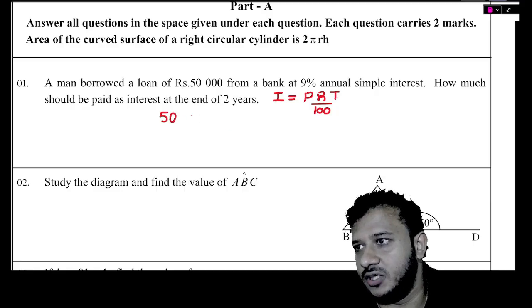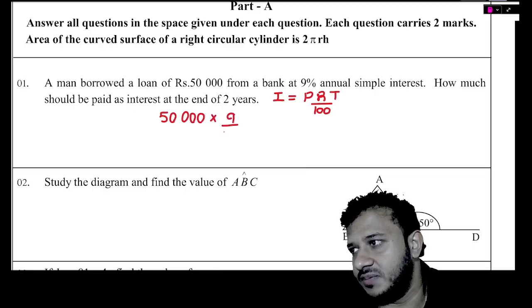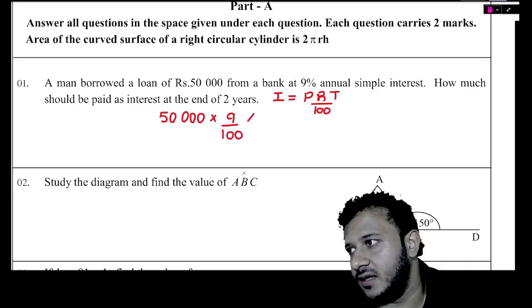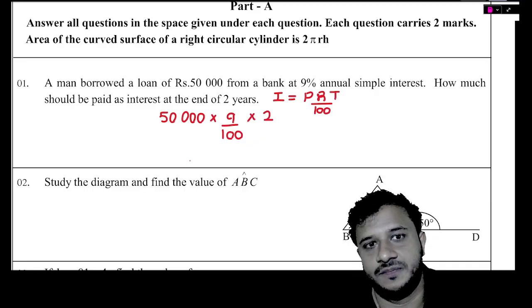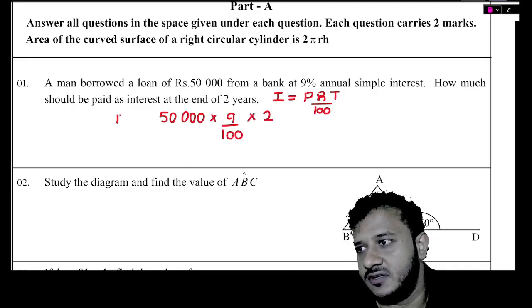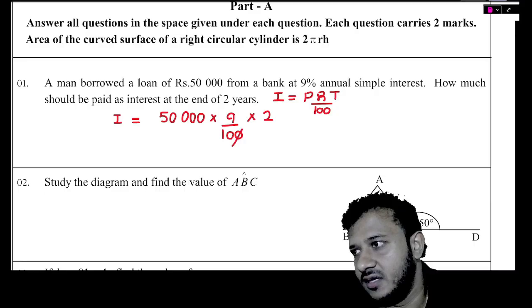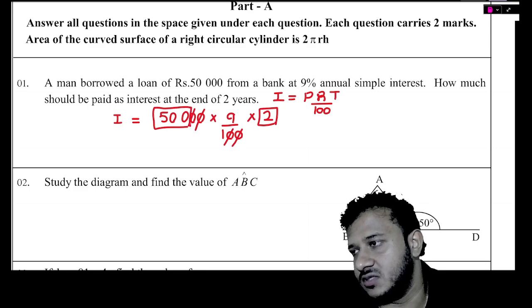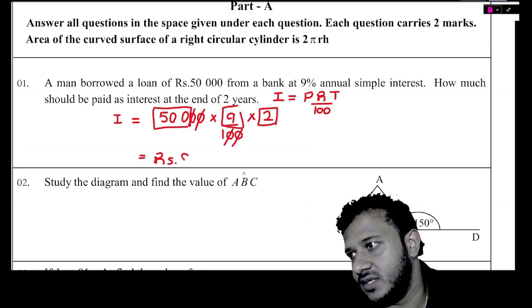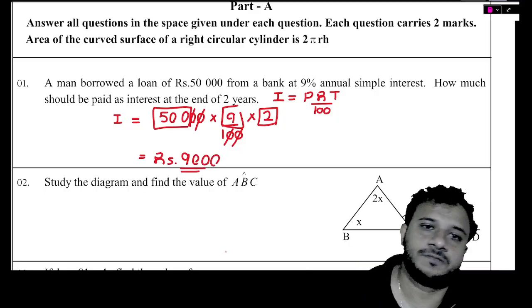How much did he take? 50,000. Rate is 9%, and the time is 2 years. And you get the answer of interest. 0 to 0 cancel, 0 to 0 cancel. 2 times 500 is 1,000. 1,000 times 9 is 9,000. Rupees 9,000. That's the first answer.